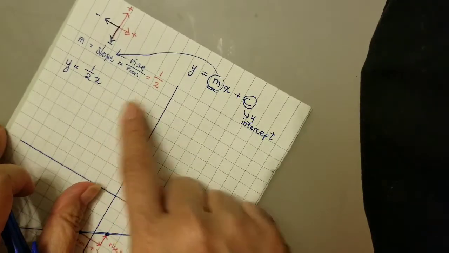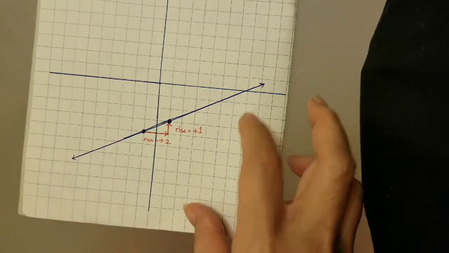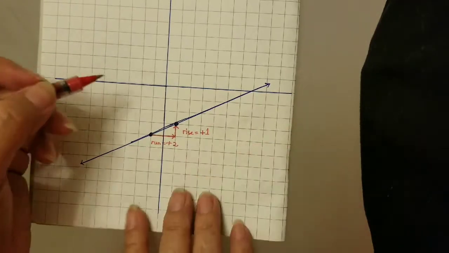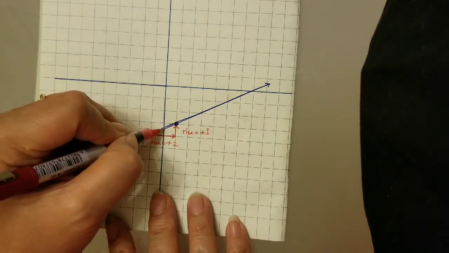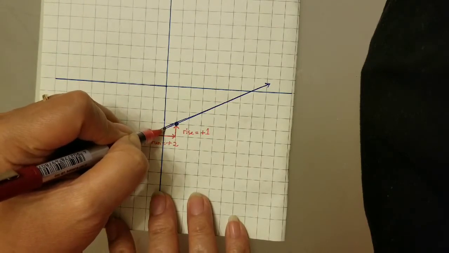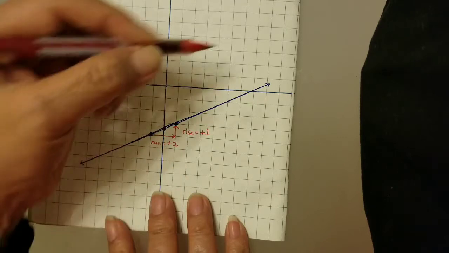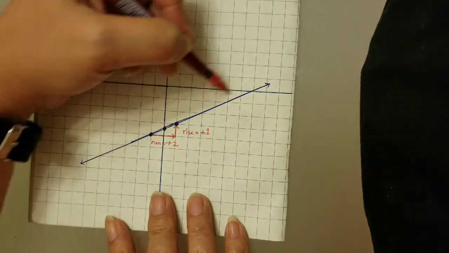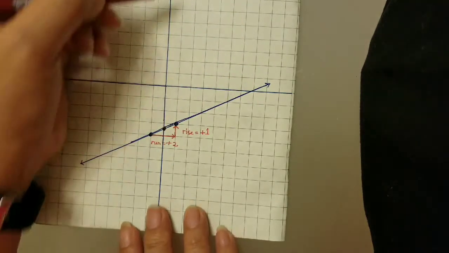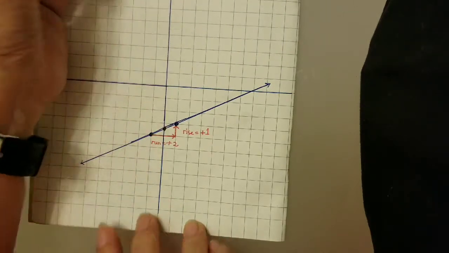Now, let's look for the y-intercept, okay? If you look closely, I'll use my red pen. This is where the linear line meets the y-axis, okay?